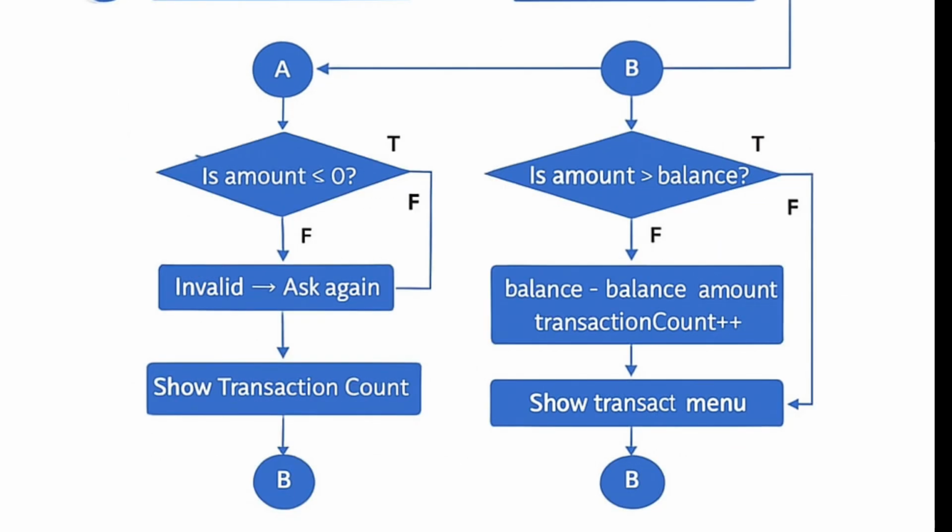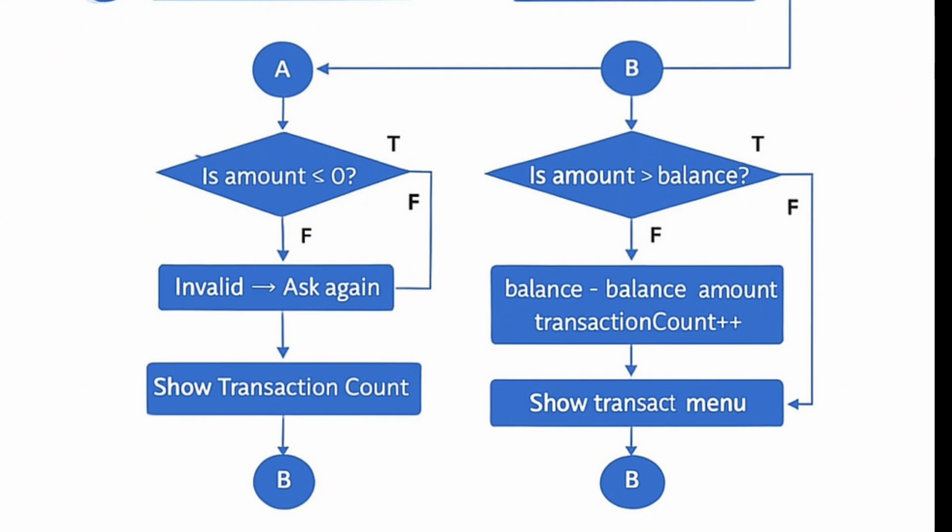After valid processing, such as deposit, the program asks, is amount less than 0? If so, the input is invalid and the user is prompted to enter a valid amount. Once a correct amount is entered, the program shows the transaction count and loops back to the main menu.